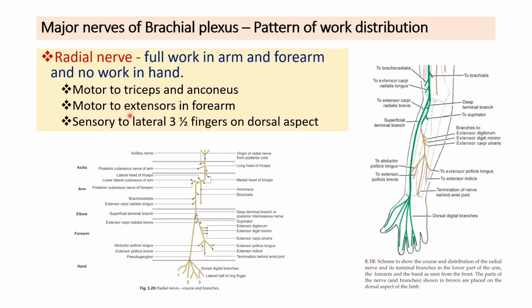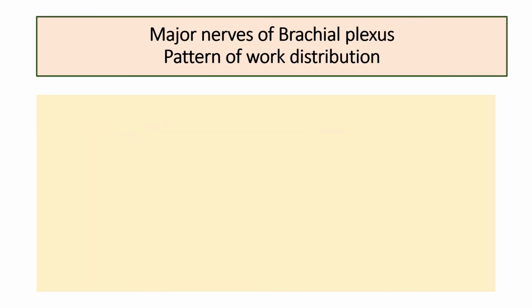So only sensory branches to the lateral 3.5 fingers on the dorsal aspect. So the radial nerve is doing full work in the arm and forearm and no work in the hand.